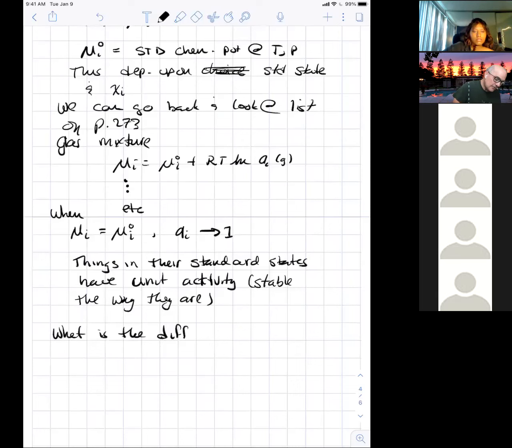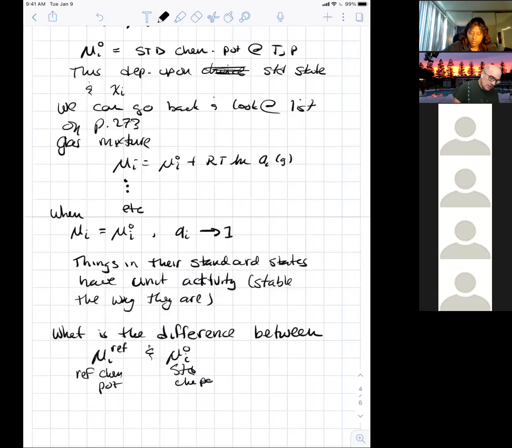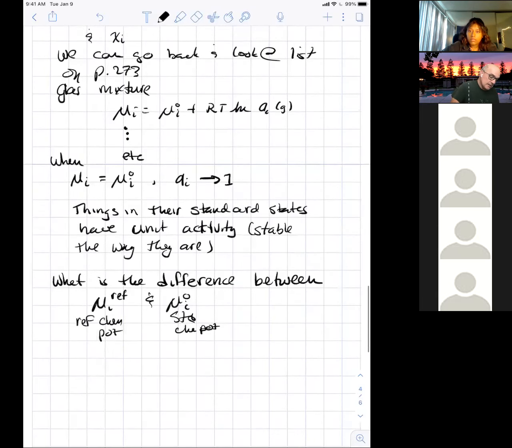We have to talk for a minute or two about the difference between a reference state and a standard state, right? What's the difference between a reference state and a standard state, because they're easily confused. So the standard state chemical potential is the standard state at the standard pressure, right?